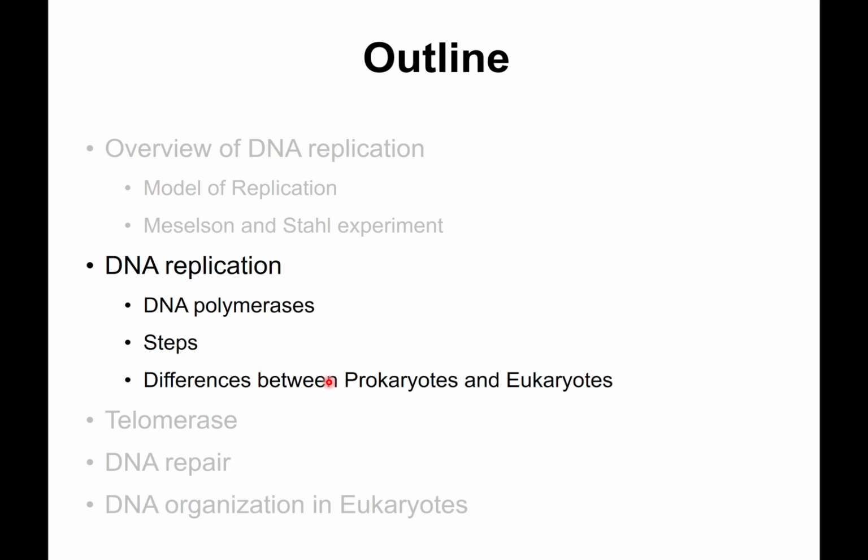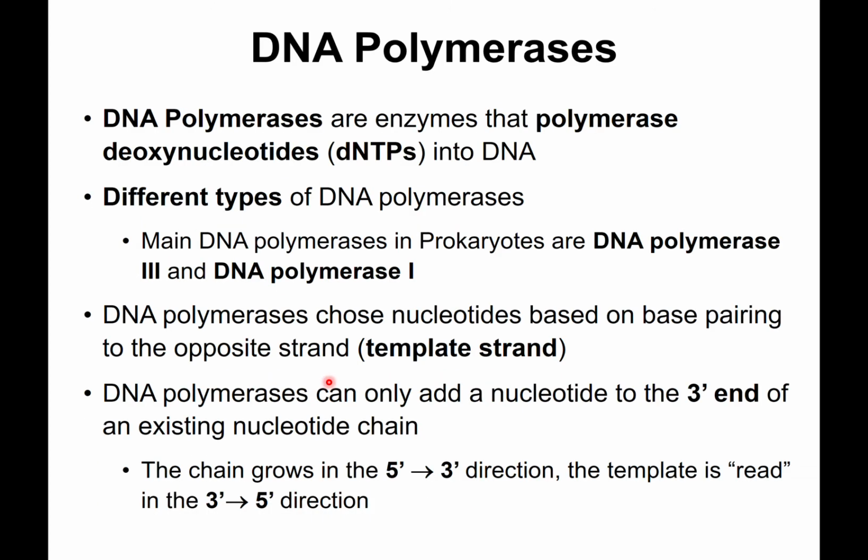First of all, let's talk about the enzymes that do the replication. The enzymes that are important to synthesize the new DNA strands are called DNA polymerases. As the name says, what they do, they polymerize, so they add together different nucleotides, in this case deoxynucleotides, because we're talking about DNA. All deoxynucleotides can be represented as dNTPs, where N is a variable, it could be adenine, thymine, and so on.